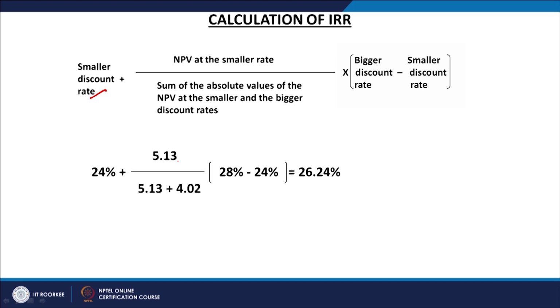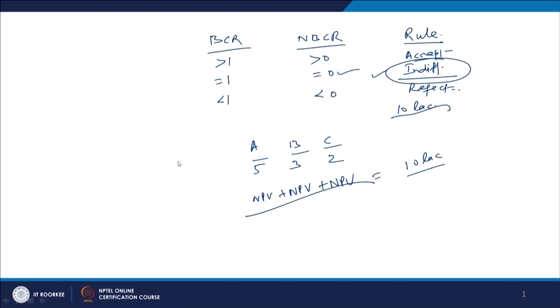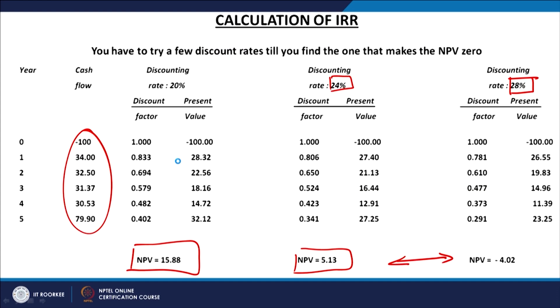So what was the NPV there? You have to simply forget the sign. The NPV there was minus 4.02, so you have to forget the negative sign while summing it up.